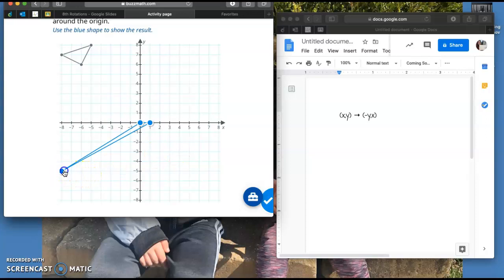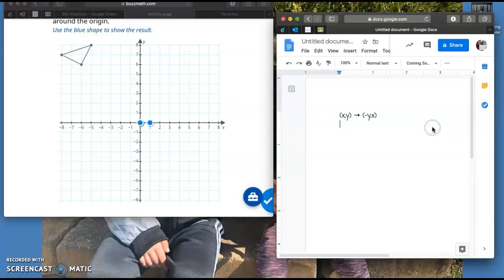All right, so take a look at this shape. I'm going to say this is x, y, z. It's just easier for me to give them specific points. So the first thing I want to do is write my original points. X right now is at (negative 8, 7). And then I'm going to draw my arrow, and I'll come back to it.